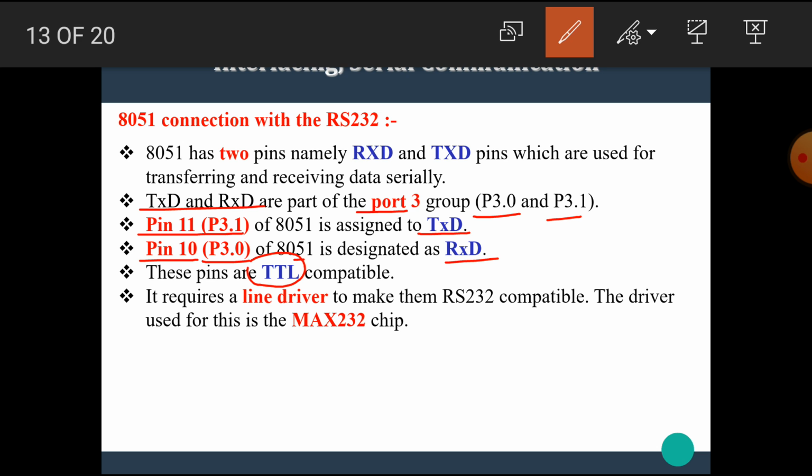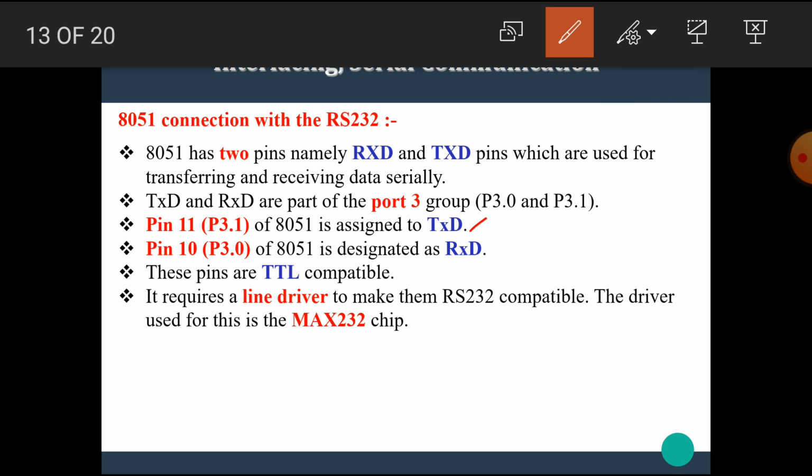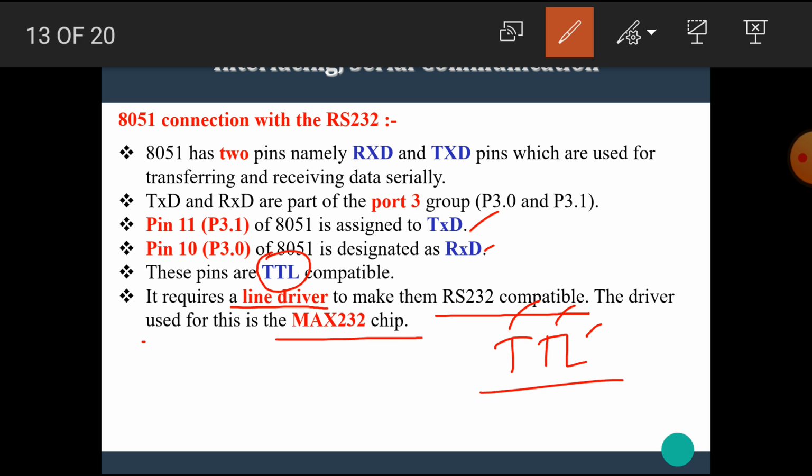These pins are TTL compatible. This is the most important statement here, that the RxD and TxD pins are TTL compatible. TTL means transistor-transistor logic compatible. Hence it requires a line driver to make them RS-232 compatible. The driver used for this is the MAX232 chip.